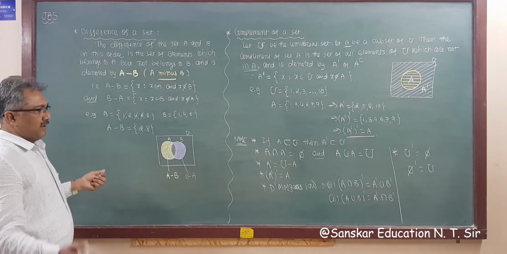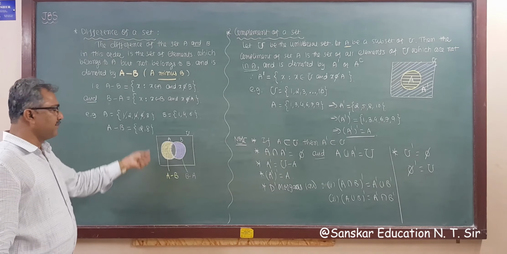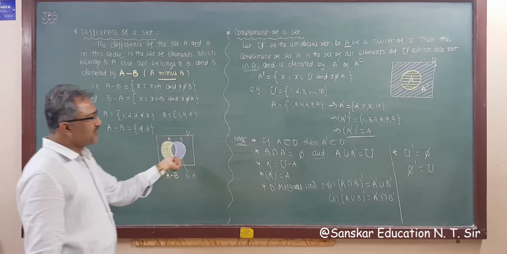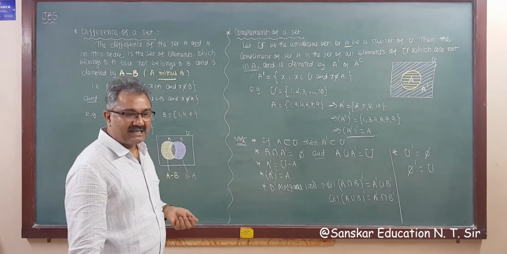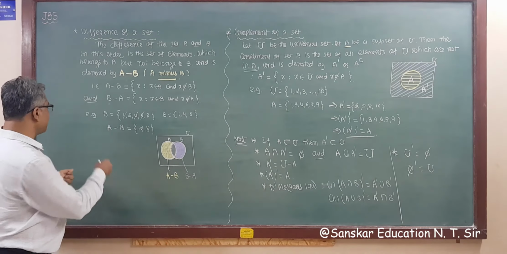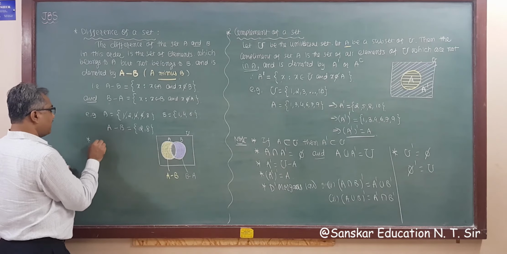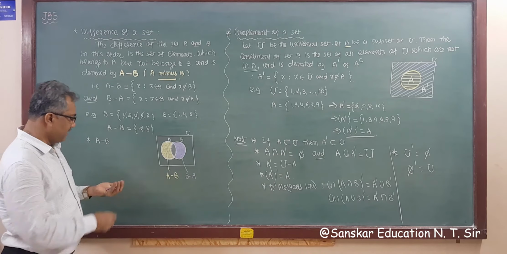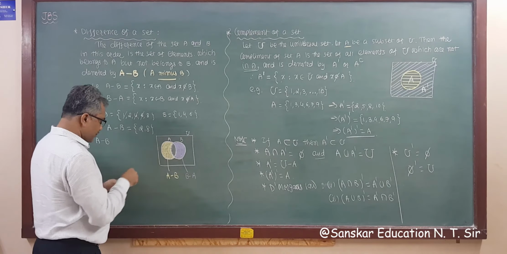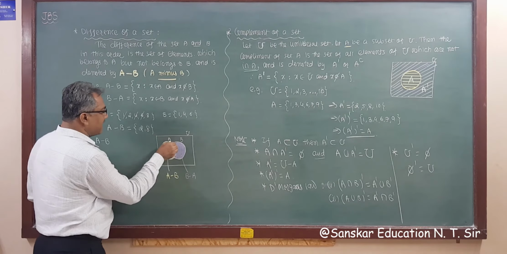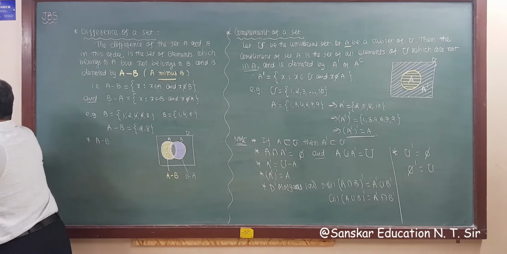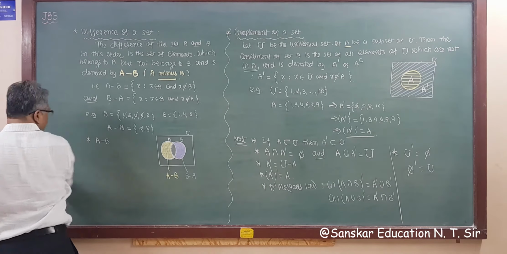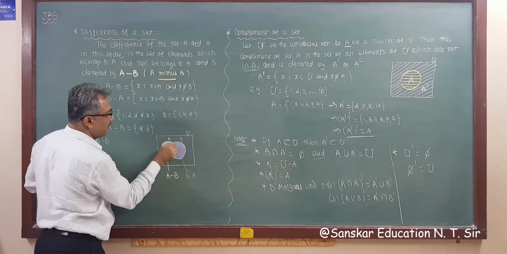Now I want to deduce some results from this using the definition of complement set. The first result I want to derive is about A minus B. Now see, this yellow portion, A minus B, is a subset of set A or not?